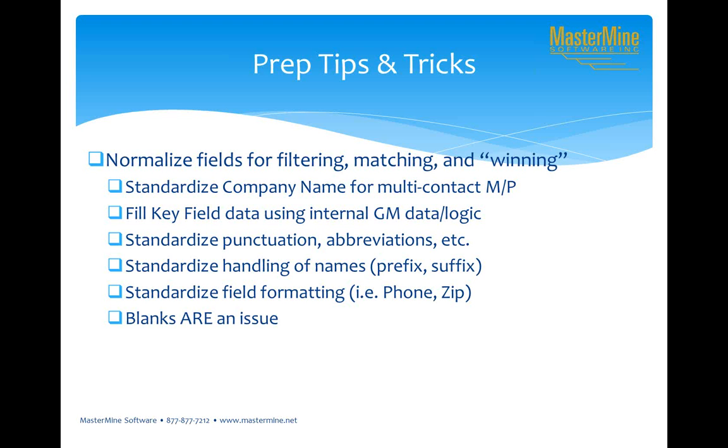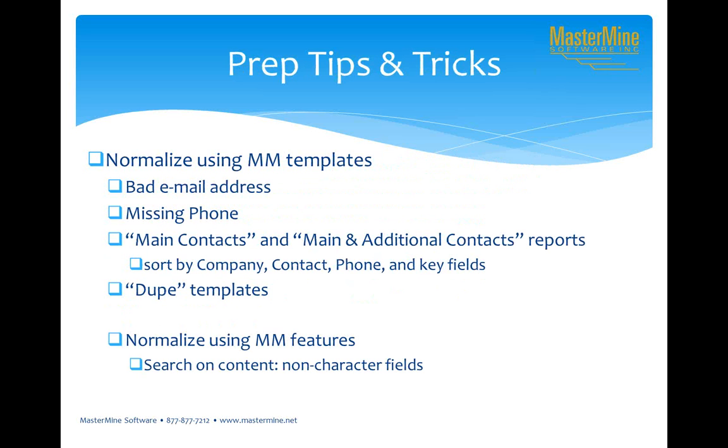That's a standard format, and you can use your MasterMine and your updater to standardize those. Likewise, blanks are an issue. In merge purge, if you're comparing records where the contact type field isn't filled in, that's going to be an issue if the contact type field is partly what you're comparing with, and likewise with phone and so on. That should be fairly obvious.